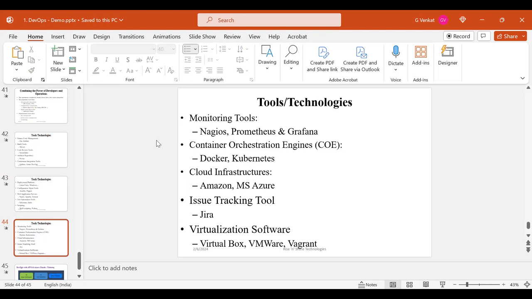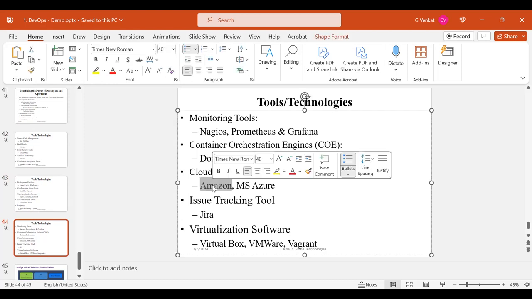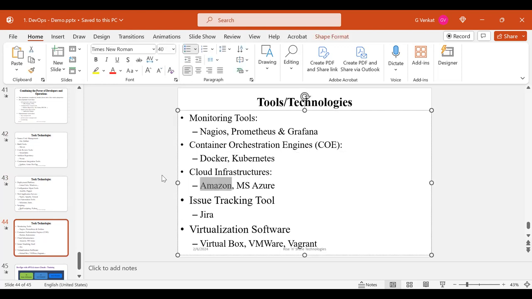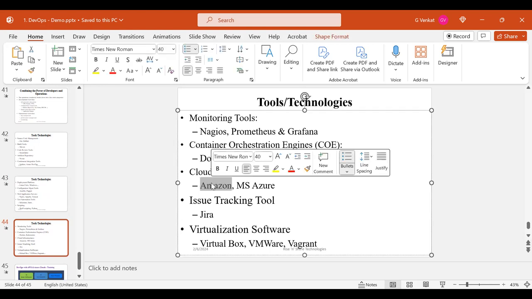Already we are sharing the DevOps related material. So tomorrow we start with the cloud. What is this cloud? What are the advantages? What is the difference between the data center and cloud? And why Amazon? This is the concept we are going to talk about tomorrow.